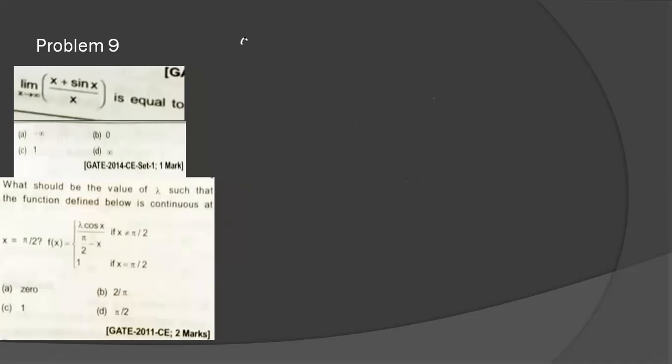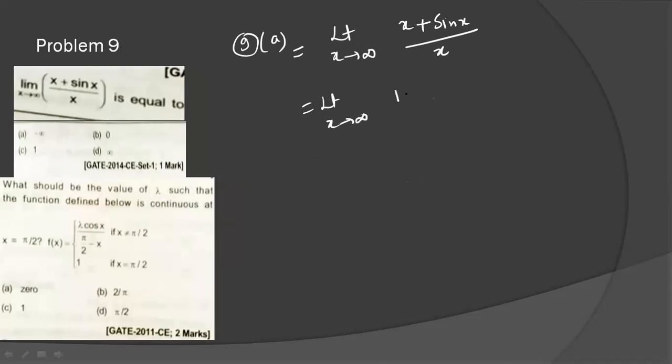In the 9th problem, limit x tending to infinity, (x plus sin x) upon x. Very easy problem. If you separate this, it can be written as 1 plus (sin x upon x). You can separate the limit also: plus the limit x tending to infinity of sin x by x.